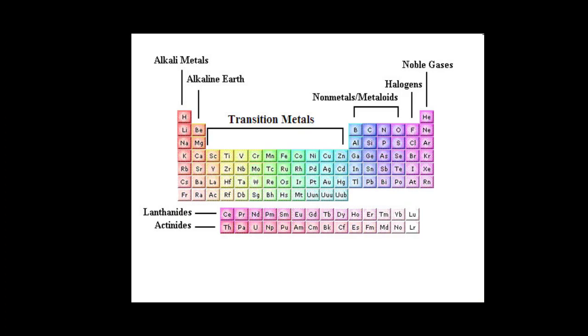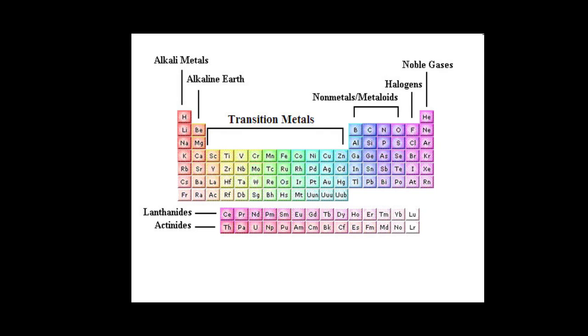Their positions are given in the columns. First there are alkali metals, then alkaline earth metals, then transition metals, then the non-metal and metalloid positions, and noble gases. See here the 18th group, and the lanthanide and actinide series.